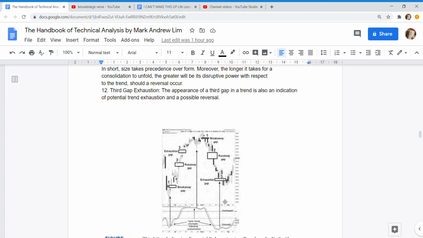12. Third gap exhaustion. The appearance of a third gap in a trend is also an indication of potential trend exhaustion and a possible reversal.